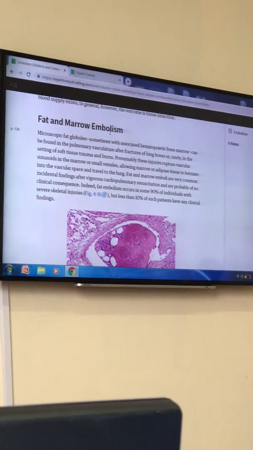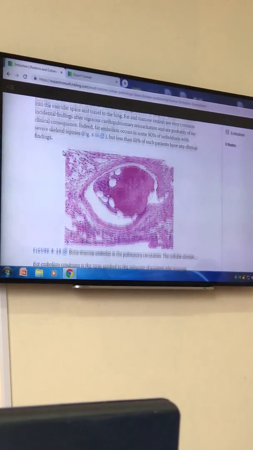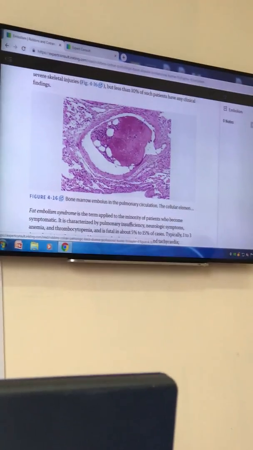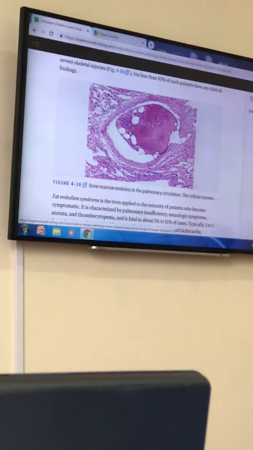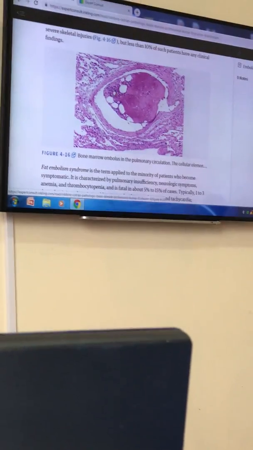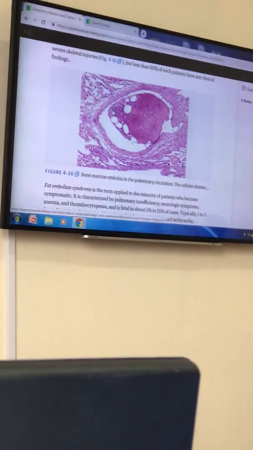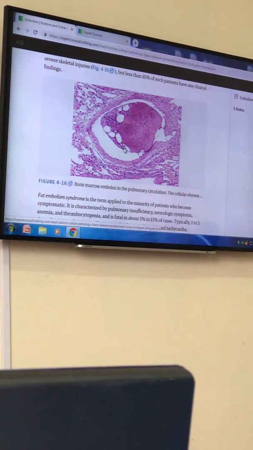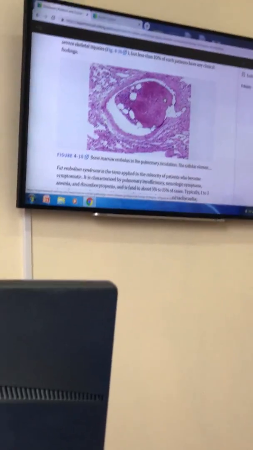Here the site that they're embolized is the lungs. So this is a bone marrow embolus in the pulmonary circulation. This is the vessel, its wall, and here is a fragment from bone marrow. This part that you see with some cells, they are the blood forming cells, and these vacuoles are fat tissue, and this part is again composed of red blood cells, platelets, fibrin.